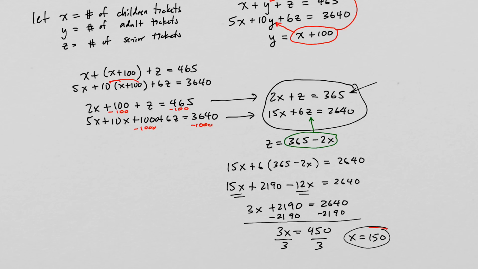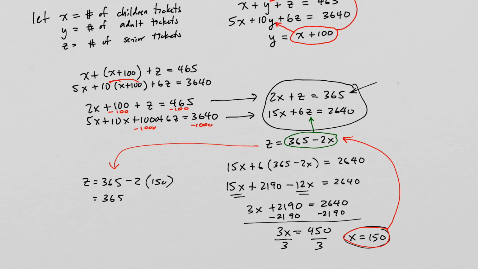So we now know x, which is the number of children tickets. Once we know what x is, we can plug that back into here to solve for z. So if I bring that over here, we have z equals 365 minus 2 times 150, which is 365 minus 300, which is 65. So z is 65.